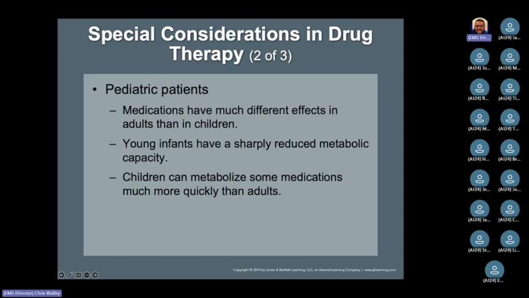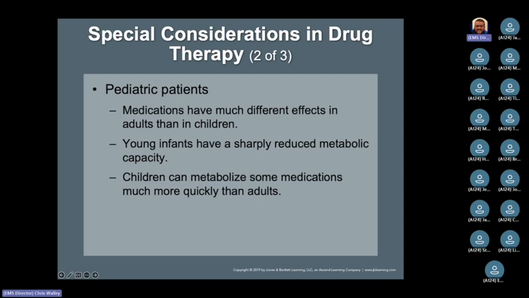Remember, you're using a way smaller dose. Remember, we talked about that little small bottle versus the 1 liter bottle. So think about that when you give medicines to your children or to the pediatric patients you deal with. We have to be cautious on giving it because they can't absorb it and they can't break it down as fast as we can.